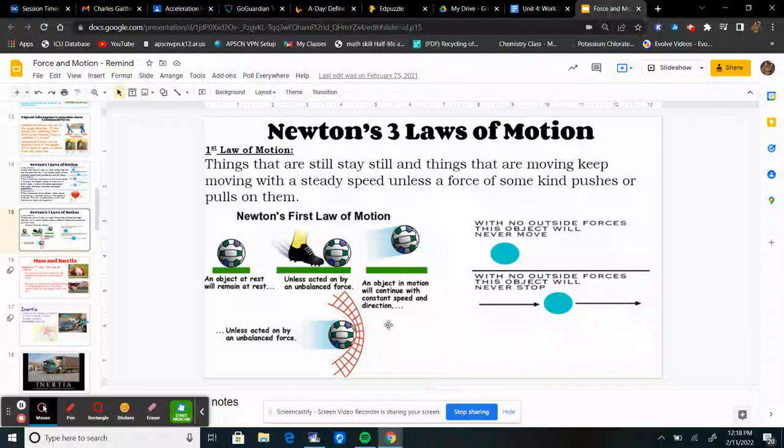So again, we have our balls right over here. Our first one, there's no outside forces, the object isn't moving, and then once it's acted upon, it has unbalanced forces. It'll stay in motion until something outside of it will act upon it. So that's our Newton's first law.